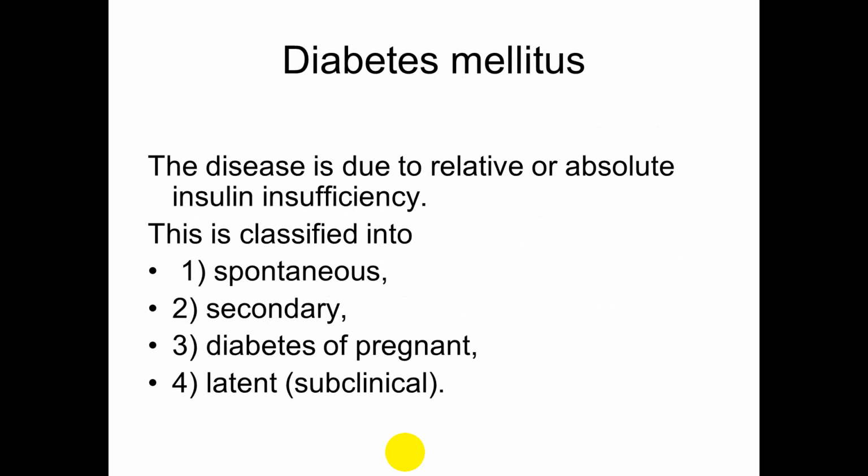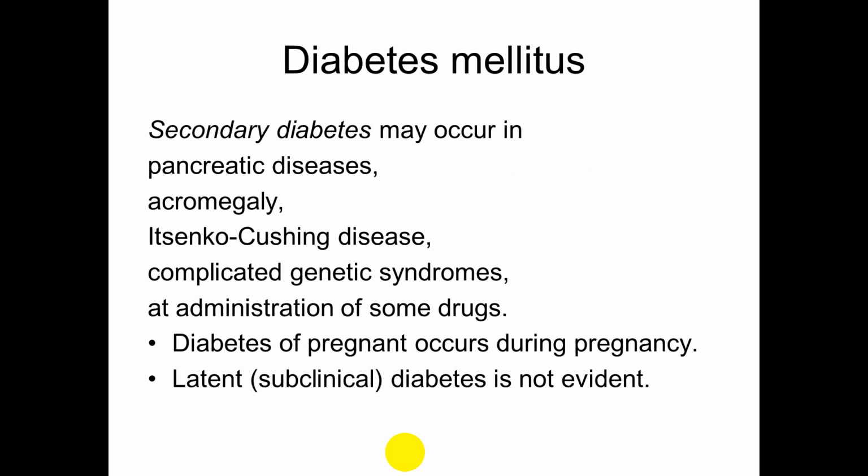This is classified into spontaneous, secondary, diabetes of pregnant, latent or subclinical. Secondary diabetes may occur in pancreatic disease, acromegaly, Itsenko-Cushing disease, genetic syndromes, and administration of some drugs. Diabetes of pregnant occurs during pregnancy. Latent or subclinical diabetes is not evident.